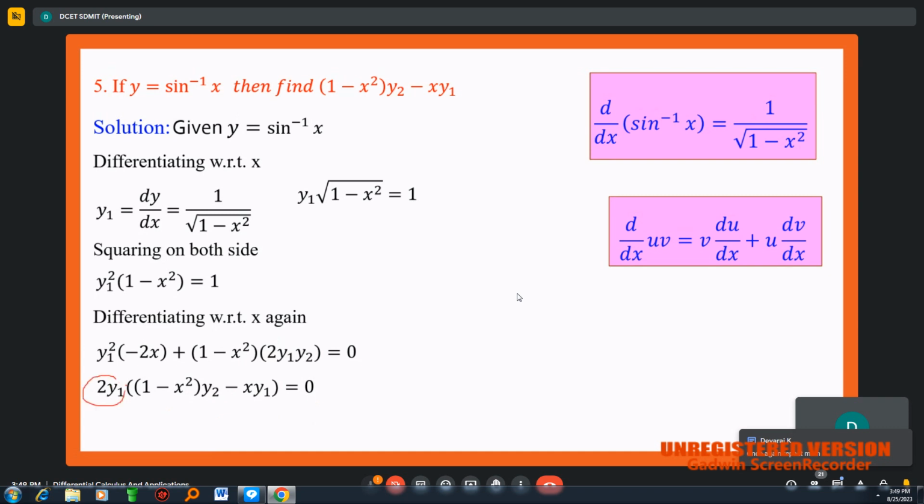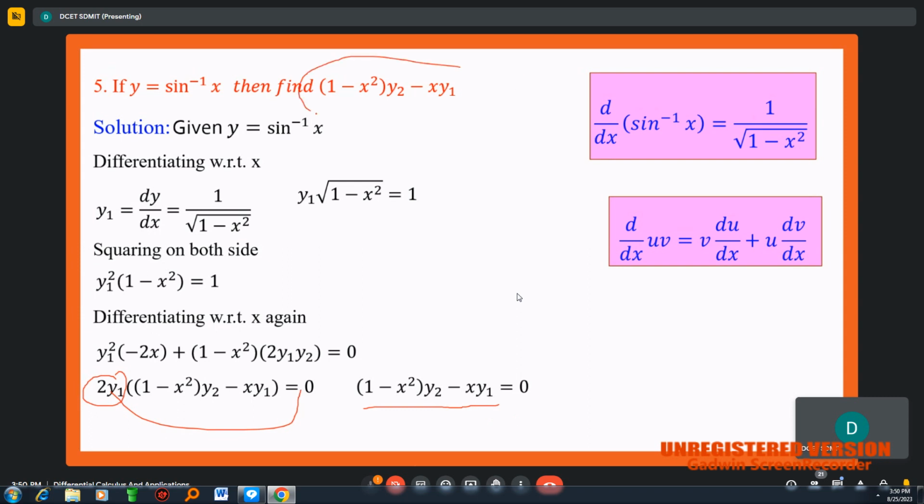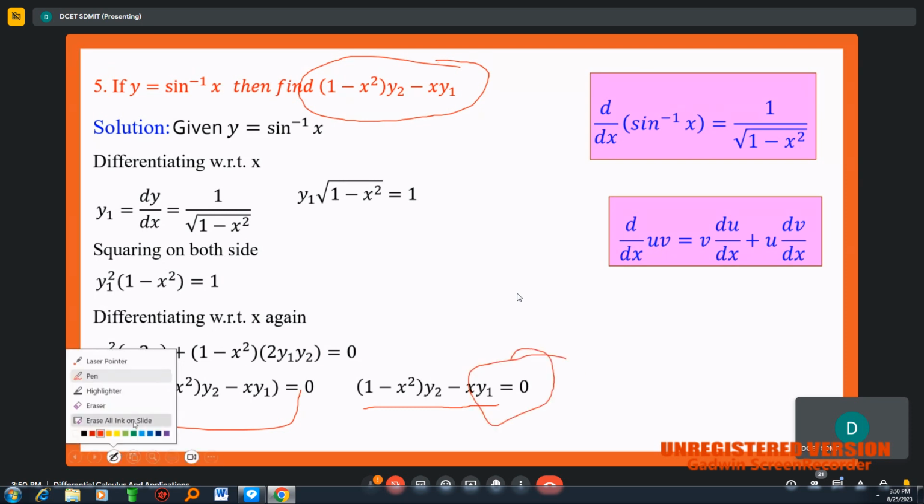Taking this 2y1 to the other side, we get 1 minus x square into y2 minus x into y1 equal to 0. That means the value of 1 minus x square into y2 minus x into y1 is nothing but 0.